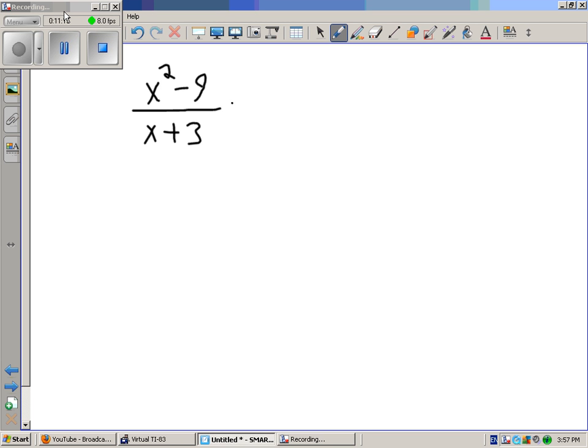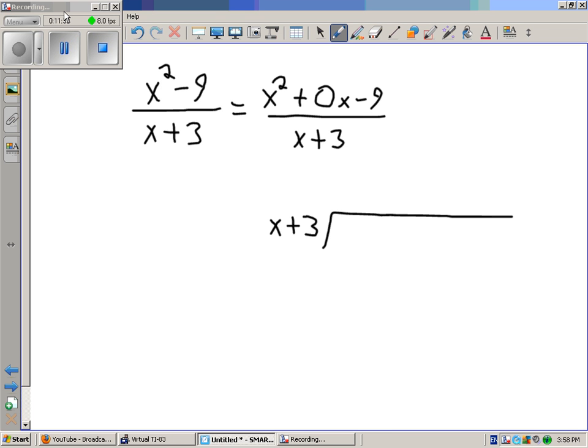So we know what we should expect. But for the purposes of this illustration, it does make a nice example here. What we do is we simply rewrite it as x squared plus 0 times x minus 9 over x plus 3. Now we have our descending powers. We just have 0 as a coefficient. So x plus 3 goes into x squared plus 0x minus 9. And we work through exactly as before. X goes into x squared, x times. x times x plus 3 is x squared plus 3x.